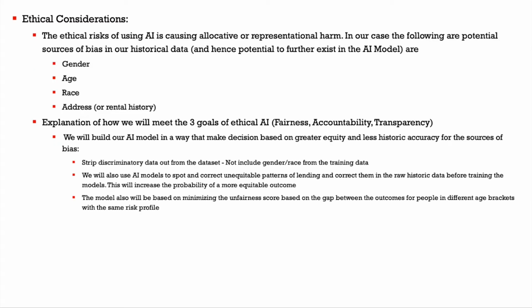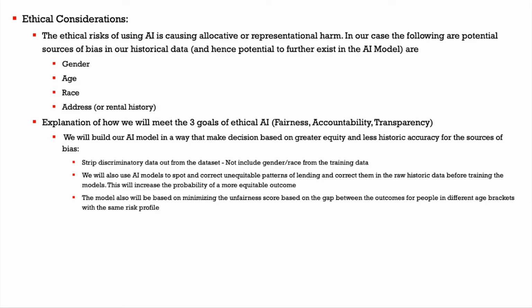What are the ethical considerations? So the use of AI can cause allocative and representational harm. So in our case, there are potential sources of bias in our historical data related to gender, age, race, their zip code, the area that they live in or have lived in.